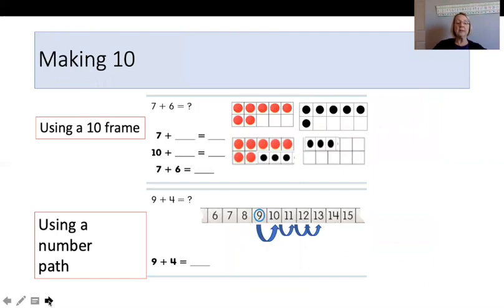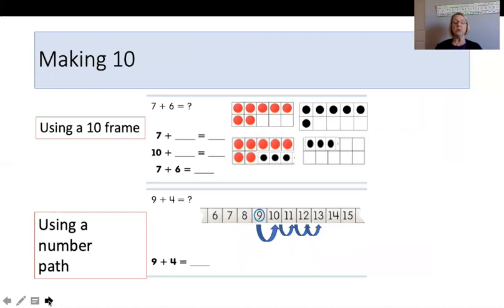All right, same thing here, where we can use a 10 frame or we can use a number path to solve this problem. We can say 7 plus 6 in the 10 frame, move 3 of the black dots over to make a 10. And once we've made a 10, we have some left over. So 10 plus 3 is 13, or we can say that 7 plus 6 is 13.